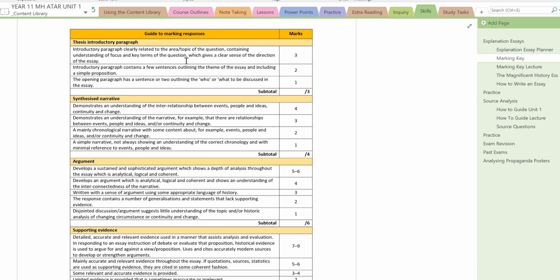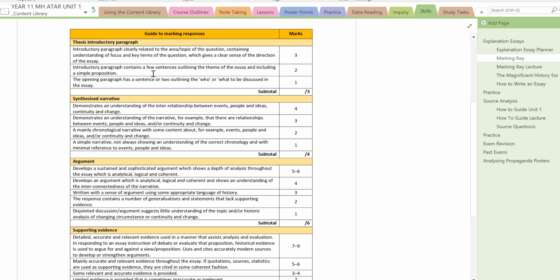You would need a thesis statement, which you already have in your proposition. You need to define any key terms to show your understanding, and you need to outline your main points. We also look for a little bit of context to help orientate your reader, and I'll look at that later. That's worth the full 3 marks.